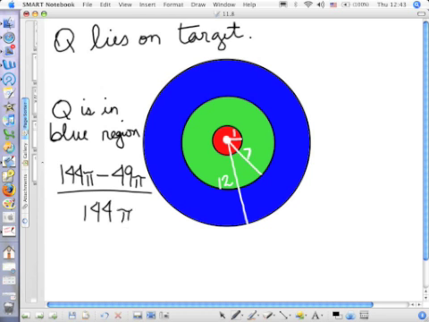All right, well, 144 minus 49 is 95, and the pi's cancel. And I don't think you can reduce that.